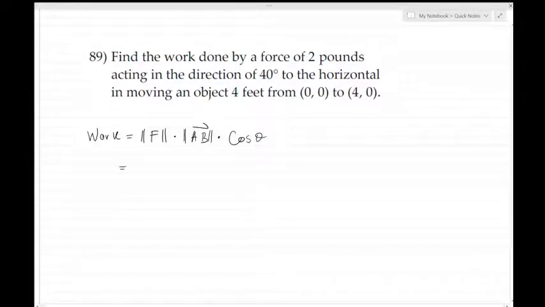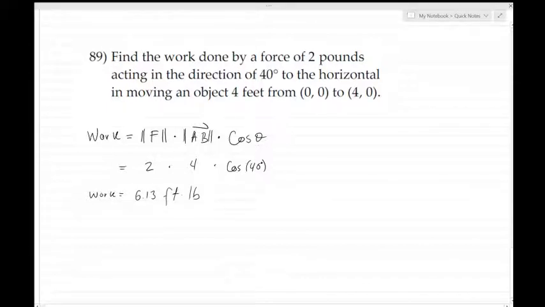So once again, pretty easy here because it's given very explicitly: 2 pounds is the force, so 2 times. We're told that we're moving it 4 feet, so that is the distance, and then cosine of 40 degrees. Okay, multiply that together, so we have 8 times cosine of 40 degrees, and we have done a work of 6.13 foot-pound.